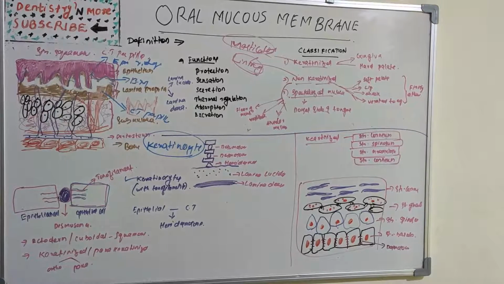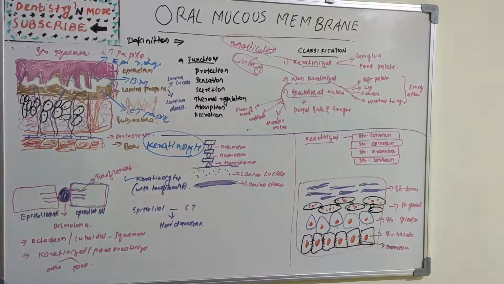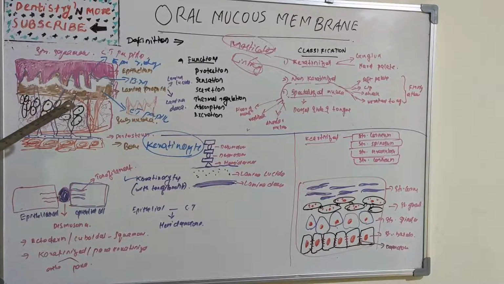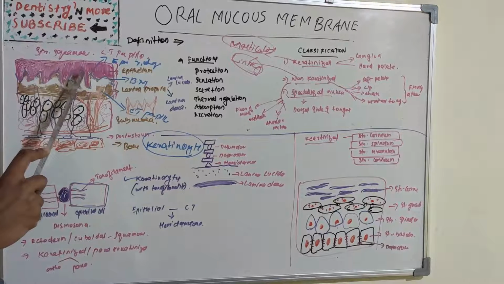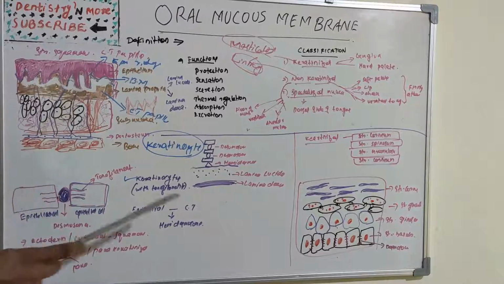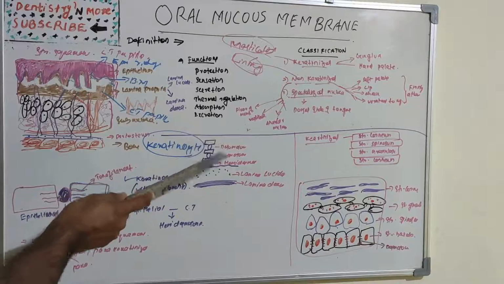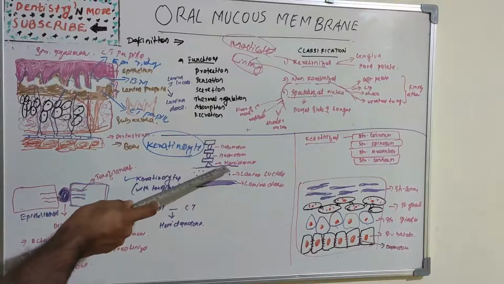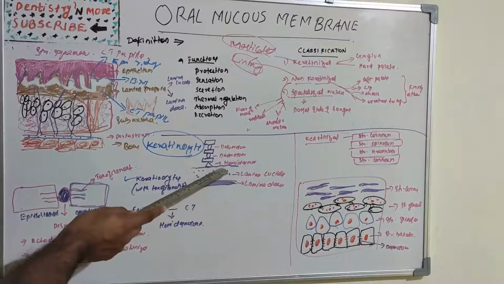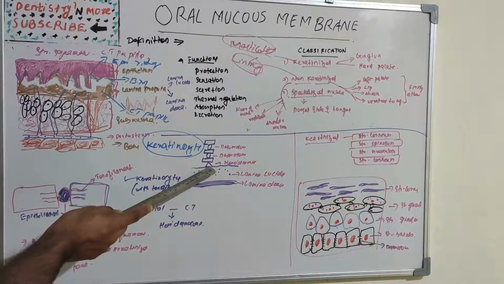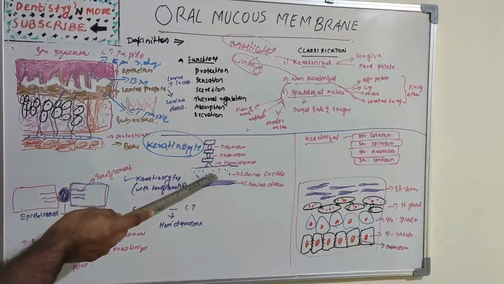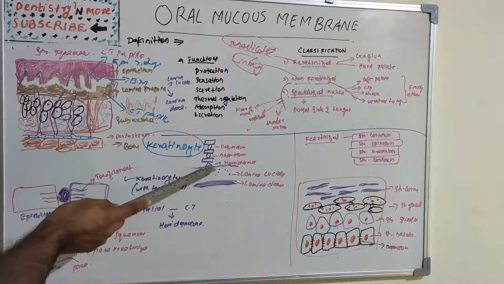The cells of the basal cell layer are connected to the lamina lucida by hemidesmosomes. That's why I am showing here: this is the epithelium and this is the connective tissue, the lamina propria. The upper part is the lamina lucida, and the lamina lucida and the epithelium, that is the basal layer, are connected by hemidesmosomes.